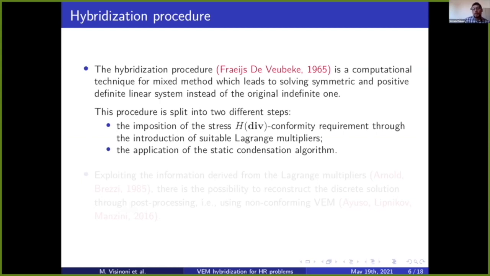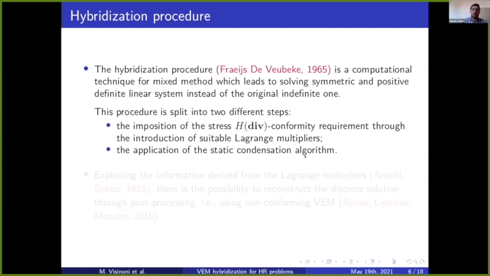In this first phase, the dimension of our linear system increases because we consider discontinuous stress, and also we add a new set of variables. So the second step is essential in order to see the advantages of this procedure. In the second step, we apply the static condensation algorithm.